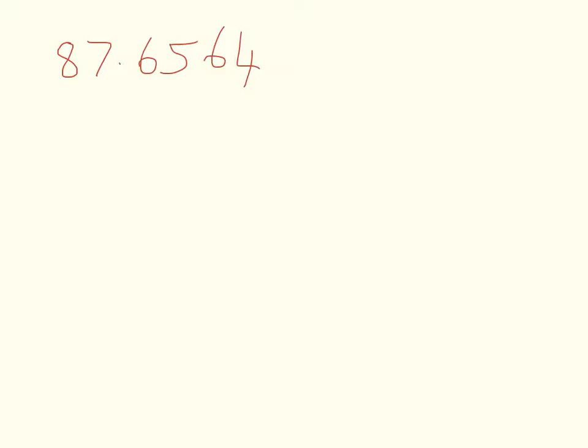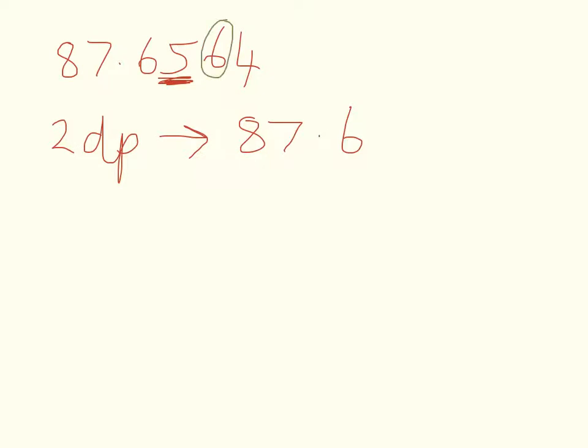And I'm going to round that to two decimal places. My answer is going to be 87.6. Ooh, now what's the next number going to be? Is it going to be a 5? Is it going to be a 6? Let's have a look at the next digit along. This is a 5 or above, so it's closer to 87.66 than it is to 87.65.